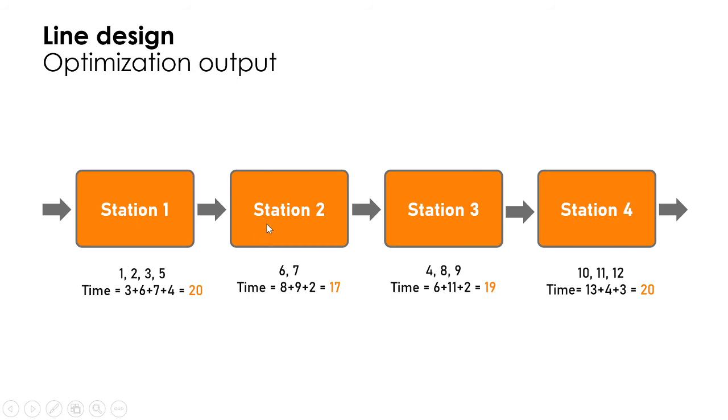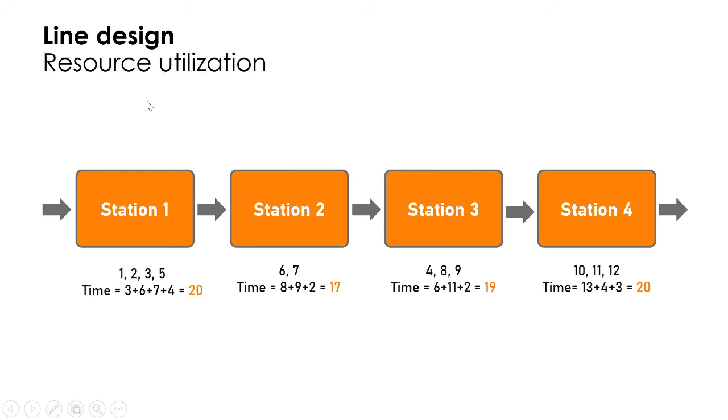This was the optimal solution we obtained when using an optimization approach, assuming that these times were always fixed once we pick a task. So in this case, we can estimate the resource utilization.